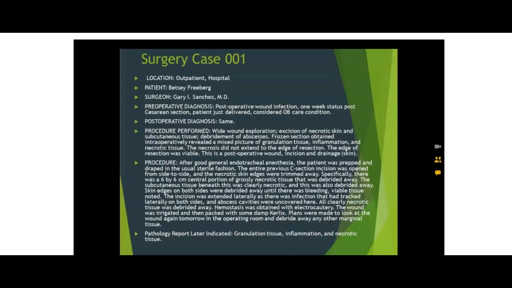Perfect. So our procedure is 10180 with modifier 78. And then our diagnosis is going to be this post-op wound infection, right? So remember, anytime you're coding anything that happened post-op, our main term is going to be complication.